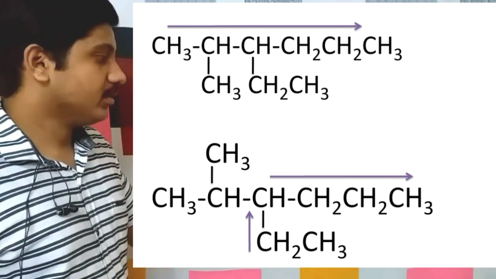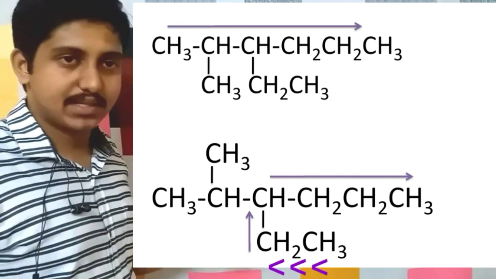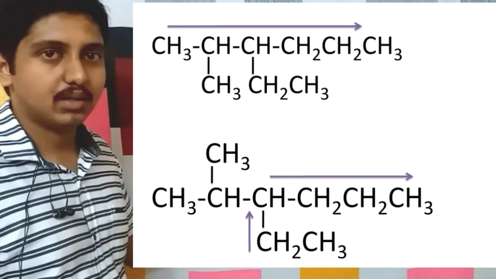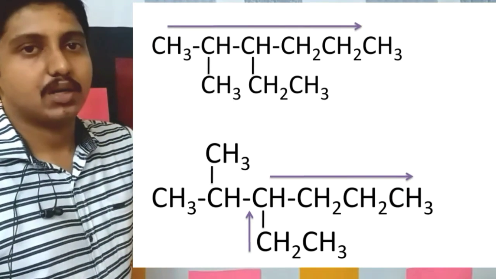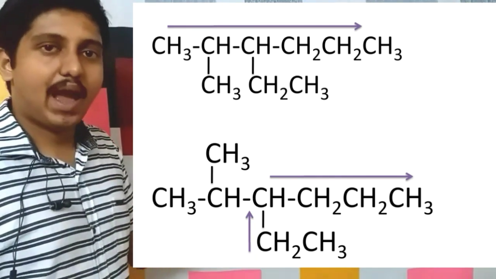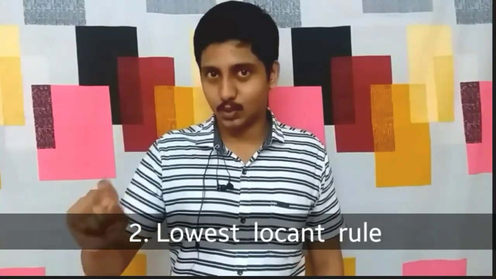But in the second way of counting, there are again 6 carbon atoms in the longest chain, but only 1 branch, and that branch is also a little more complex than the first branches. So we have to choose the correct numbering. Which is the correct one? The first one.